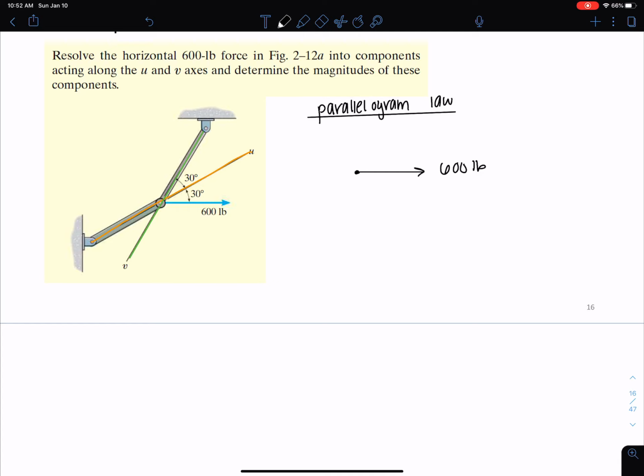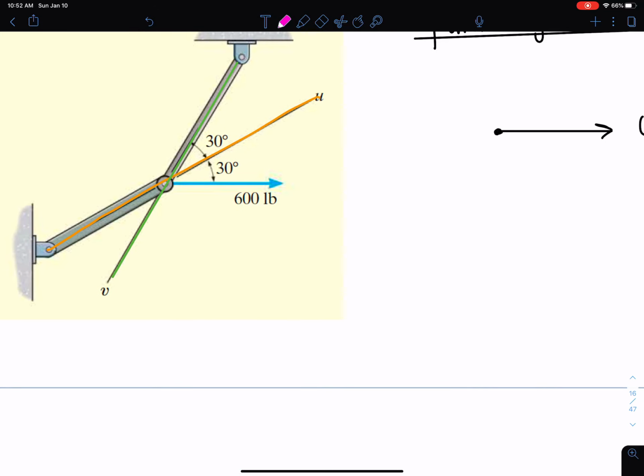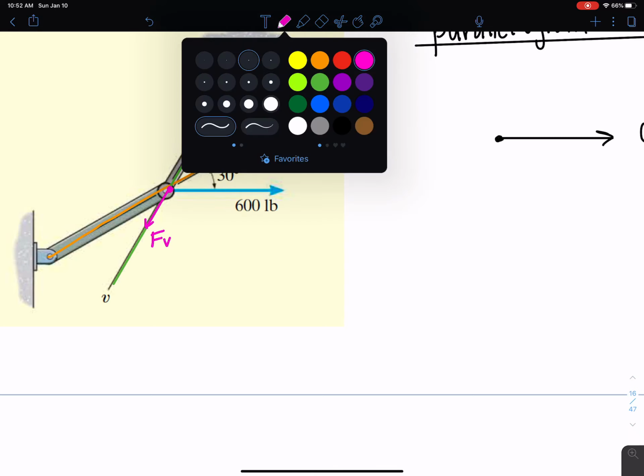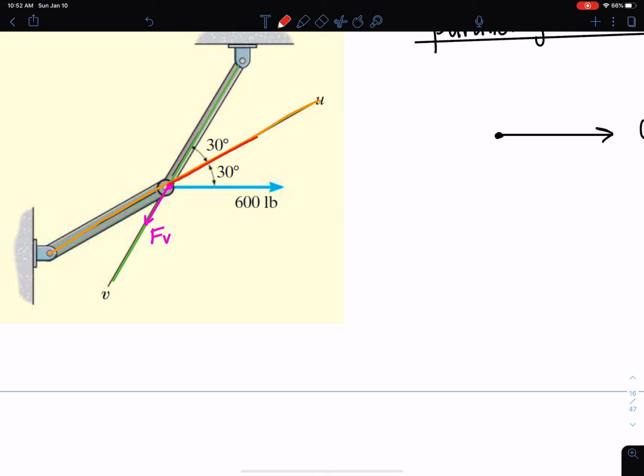What I want is some component on this axis, and I want some component of that force on this axis.